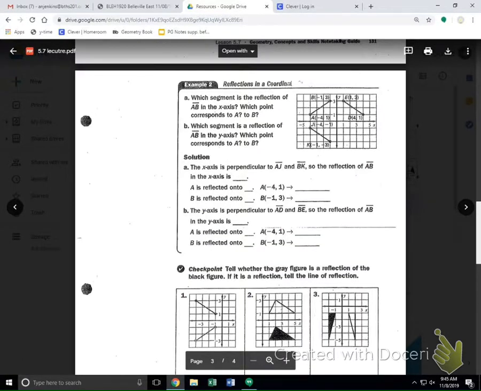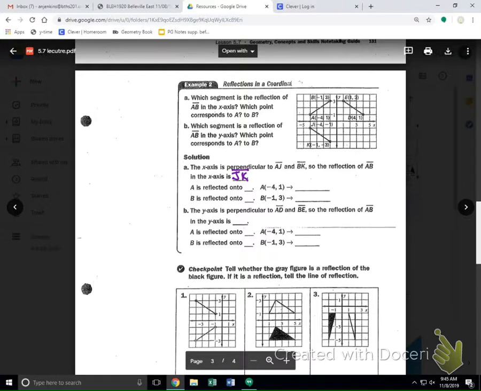So we have our first one. It says, which segment is the reflection of AB reflected over the x-axis? So which one is it over the x-axis? JK or KJ, either one of those would have worked. And then if you're looking to see which one corresponds to point A, so if it's over the x-axis, it's going down here.